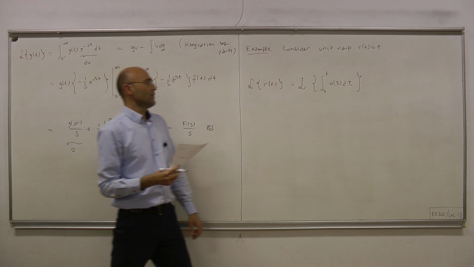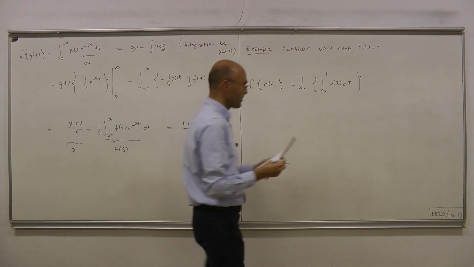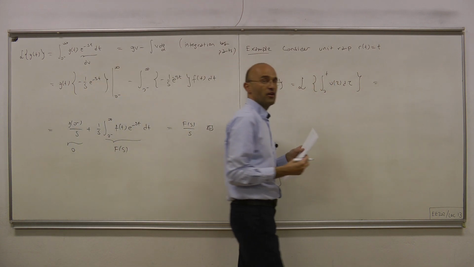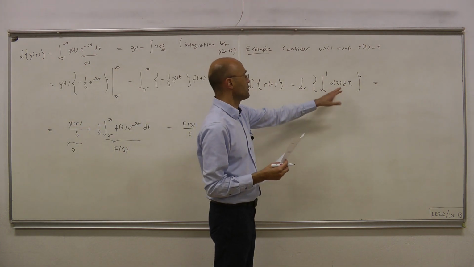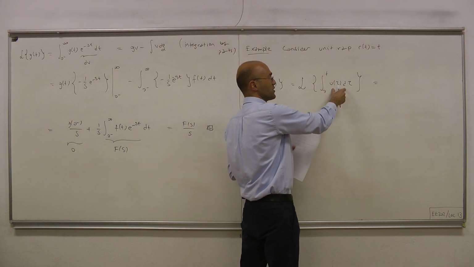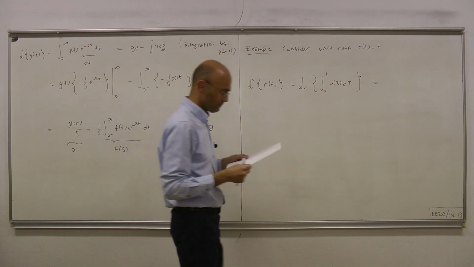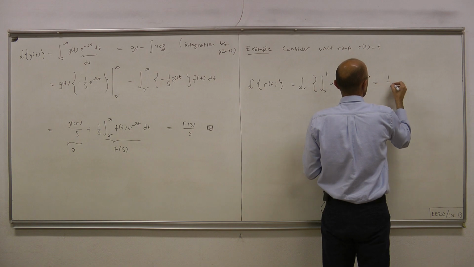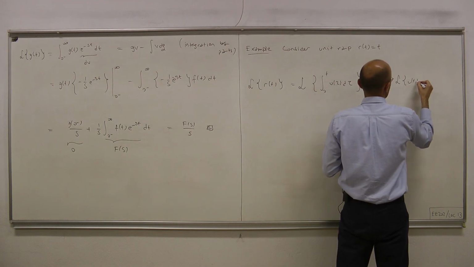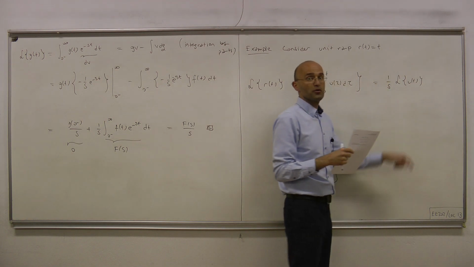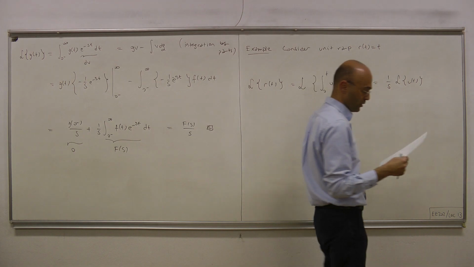Because the ramp is the integral of the step function, and we have just obtained the integration property. Therefore, we can take the Laplace transform of the unit step and divide that by s. So that equals 1 over s times the Laplace transform of u(t), and the Laplace transform of the unit step was 1 over s. We have another 1 over s here, so that makes 1 over s squared.